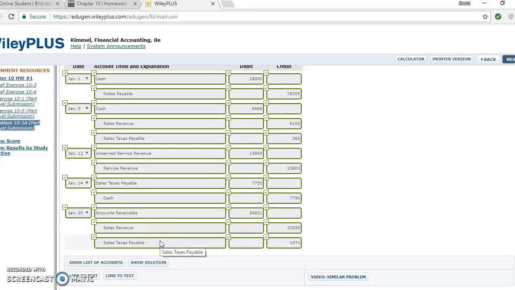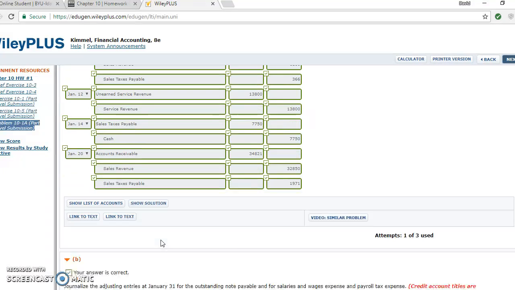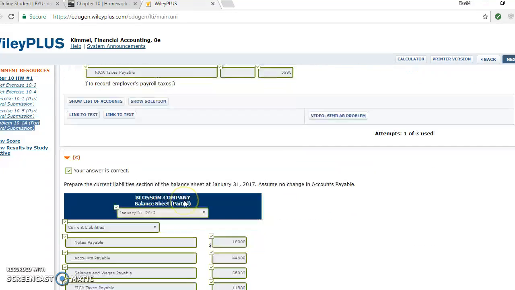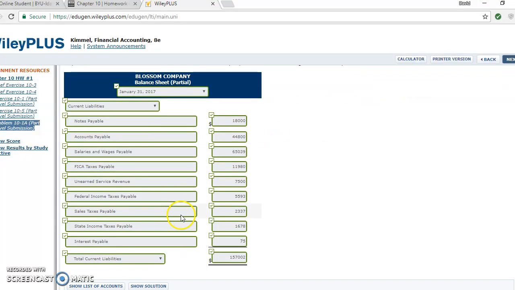So when you have 7,750 plus 366 minus the 7,750 plus the 1,971, you come up with the amount of $2,337.